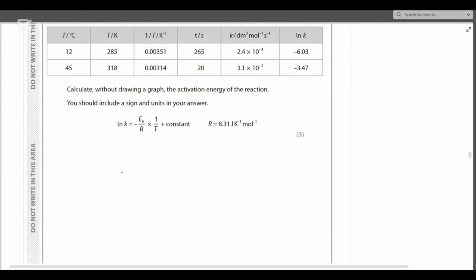The first simultaneous equation would be, using this equation, ln k.